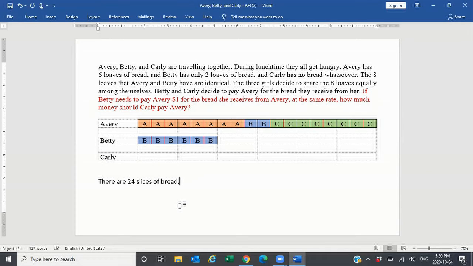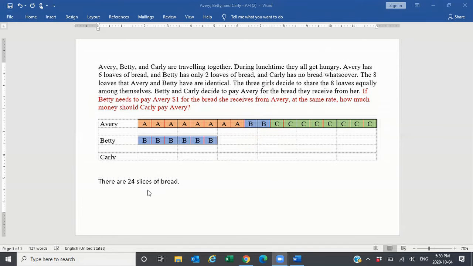Okay, so Betty needs to pay Avery $1 for the bread she receives from Avery. Alright, Betty is receiving 2 slices of bread. And that means those 2 slices of bread, that is worth $1. Now, 2 50 cents make $1. There are also 2 slices. So each slice of bread must be worth 50 cents.